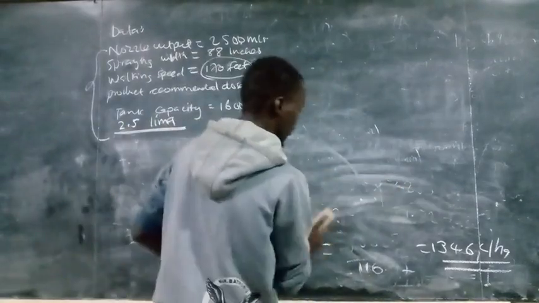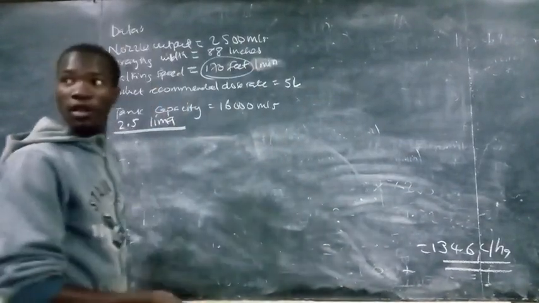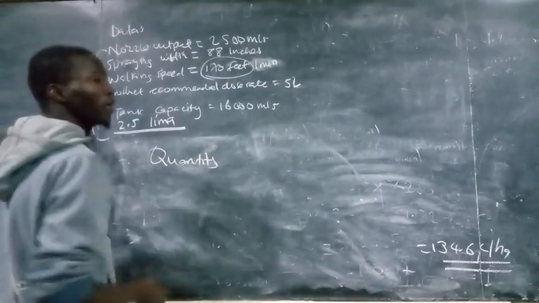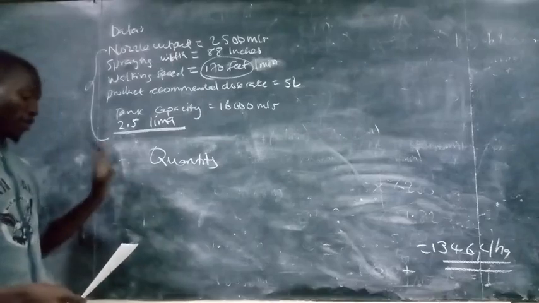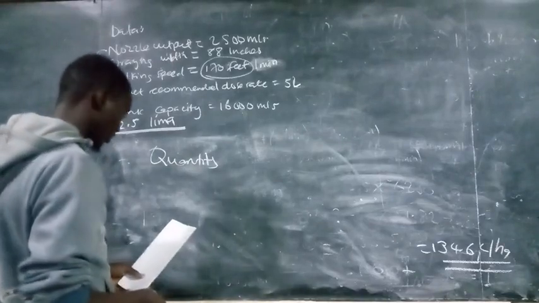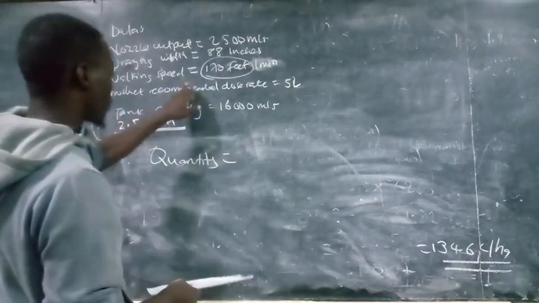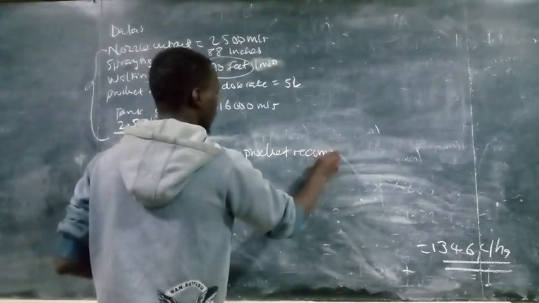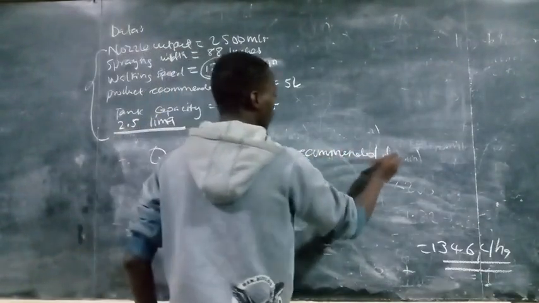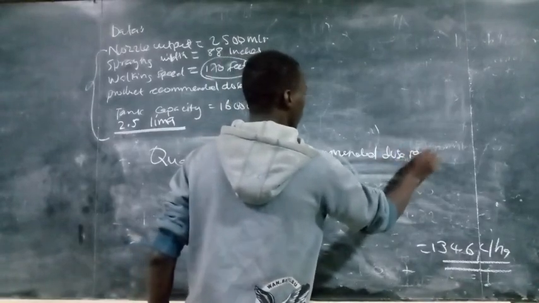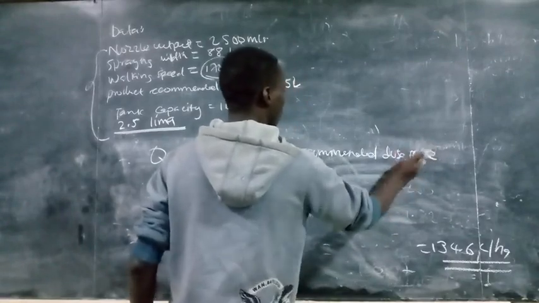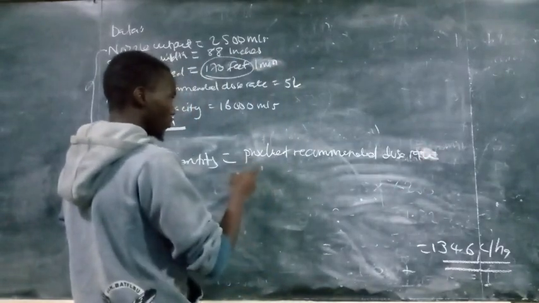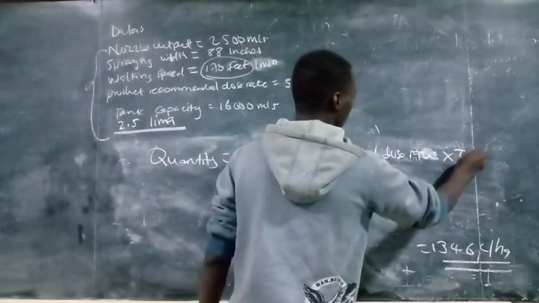So for the calculation of the quantity, the formula that you must take is the product recommended dose rate, which is what we have here, the recommended product dose rate times the tank capacity.